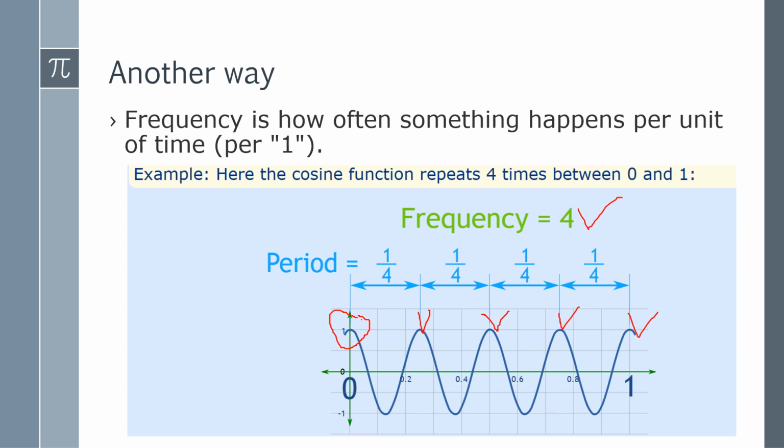But the period of this is going to be 1/4, sorry, forgive me. For every 1/4 value, that's what happens. So you've got 2.5, and then at 5 it repeats, and then 7.5, and then at 1. So that's where that comes from.